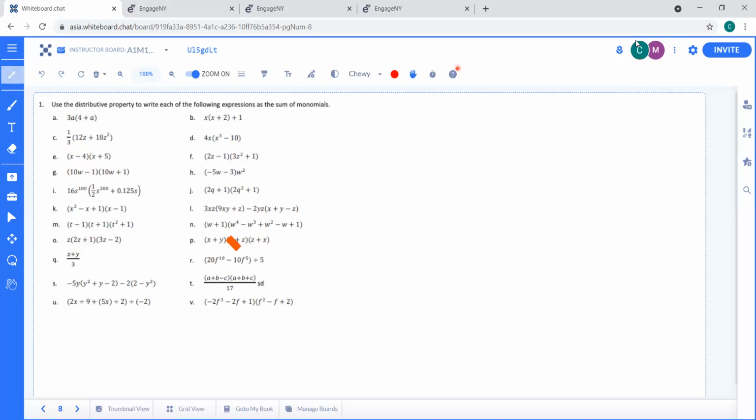So let's go down here to Q, (x plus y) divided by 3. Now, that looks really hard, but it's the same thing. Here's what you have to do. You have to divide each term by 3.